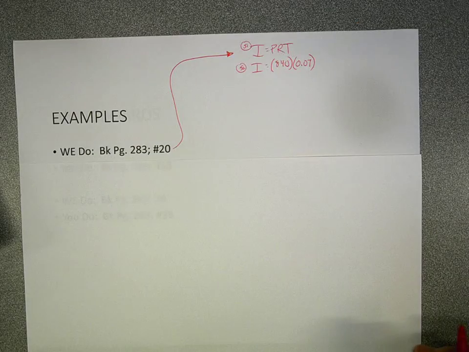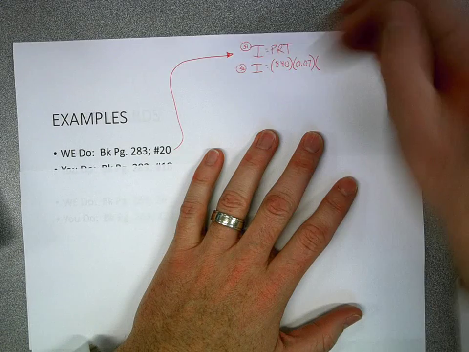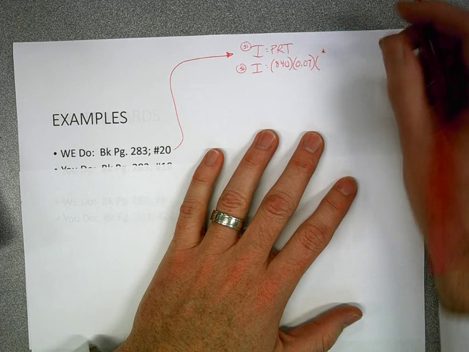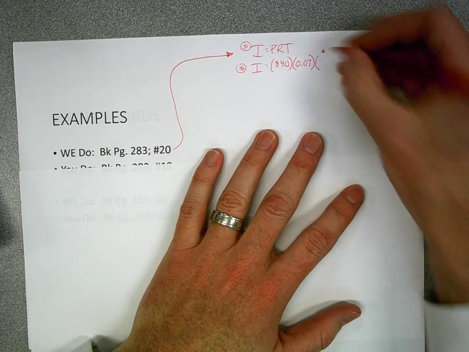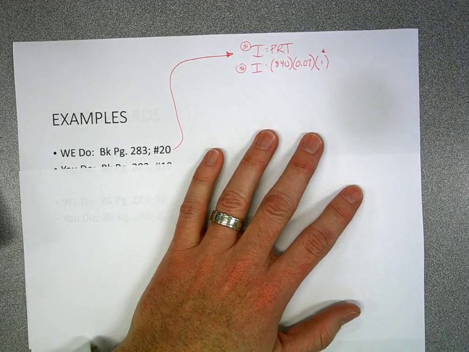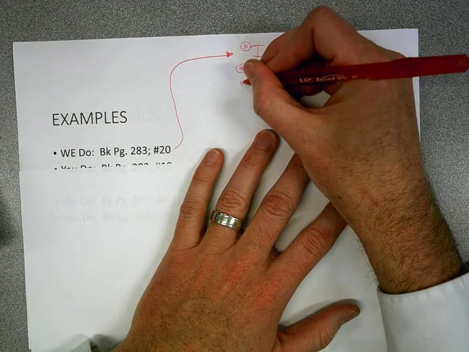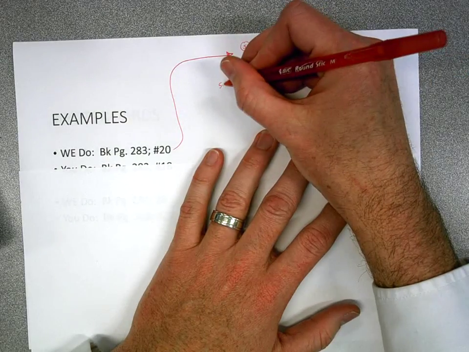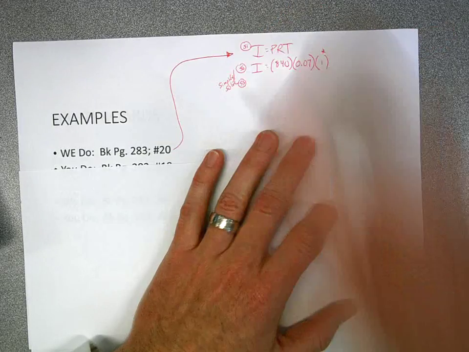Now listen carefully. The time, put a little asterisk above it. I know that it says 4 years, but we're going to only calculate it as 1 year. Step 3 is simplify or solve, depending on the problem.